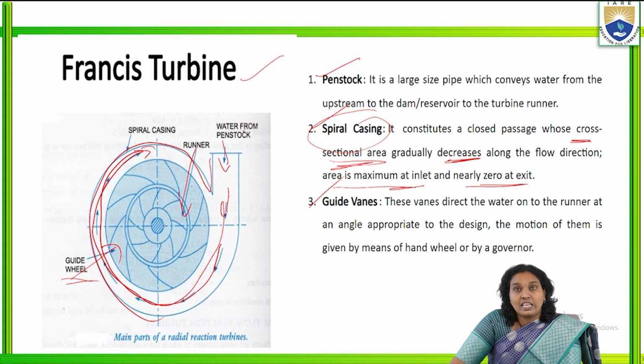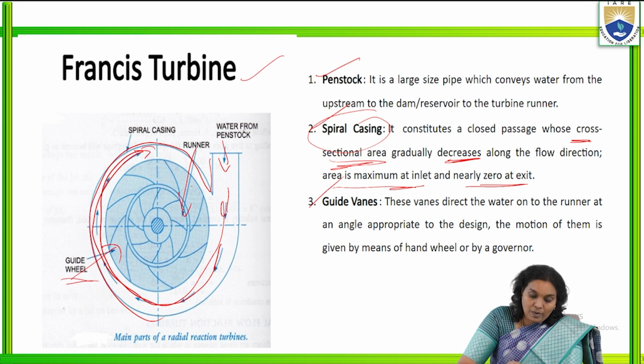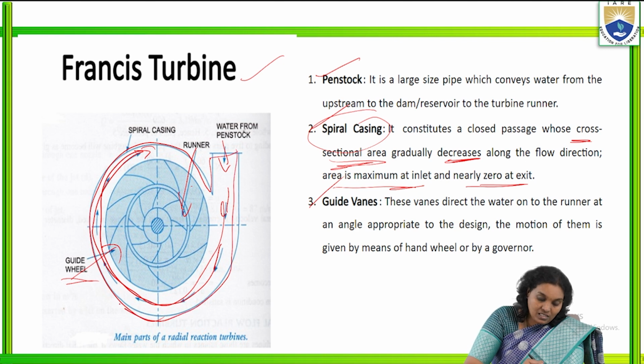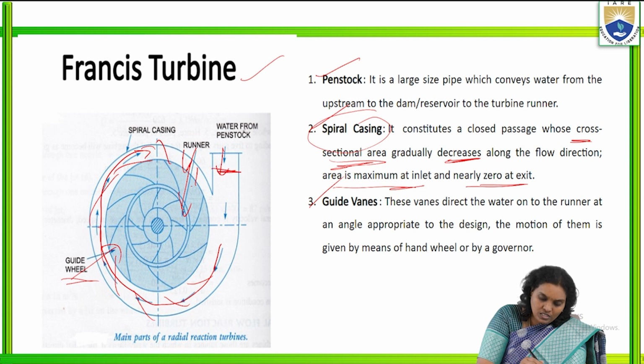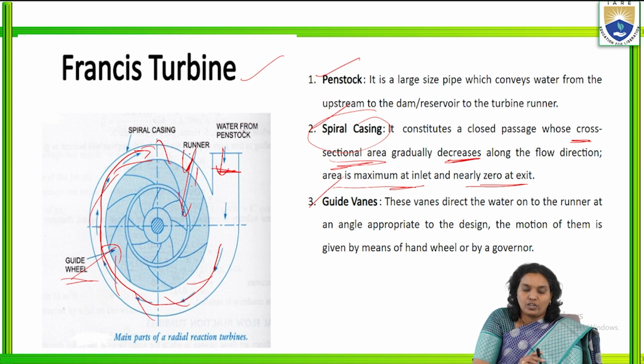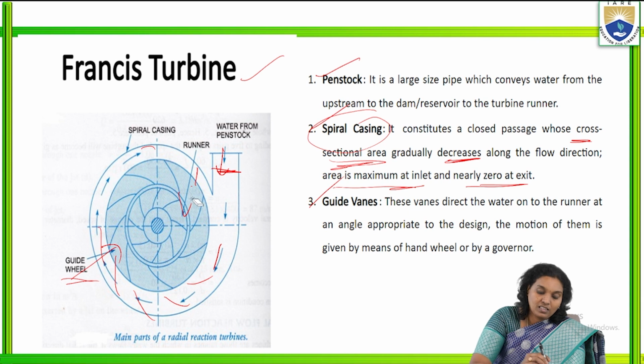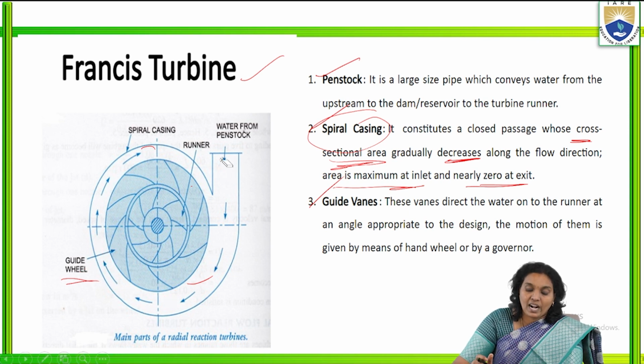The spiral casing is like this, and it is going to reduce. We may understand the overall spiral casing in the figure.